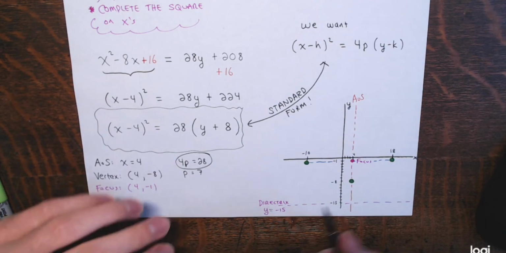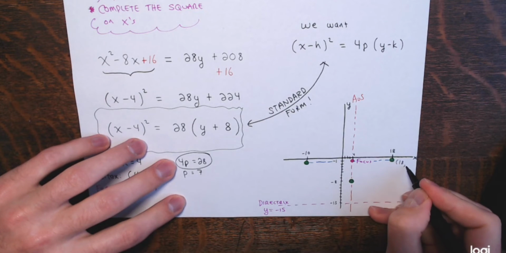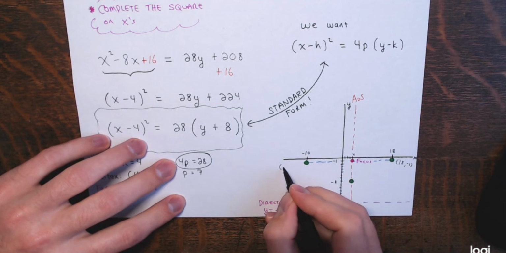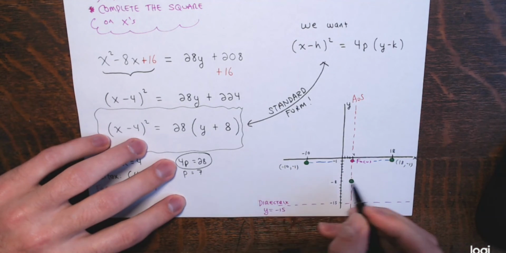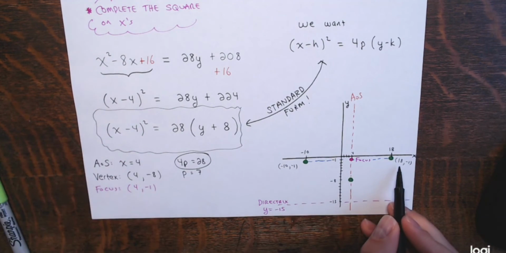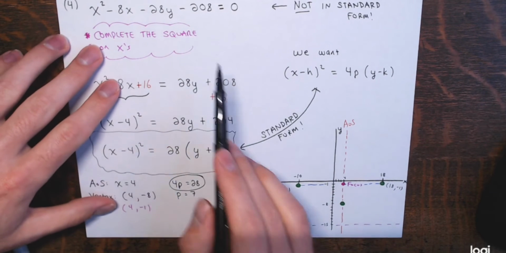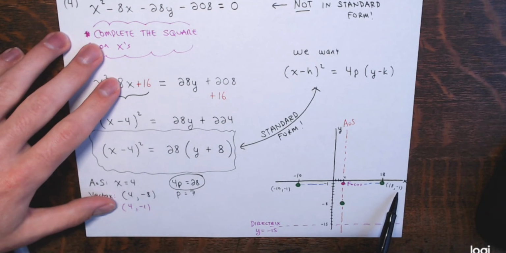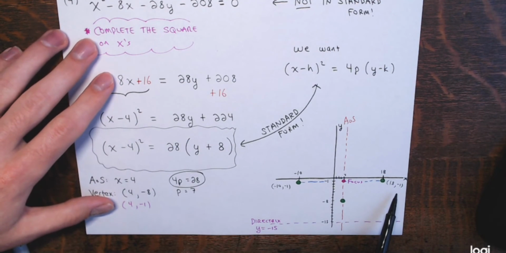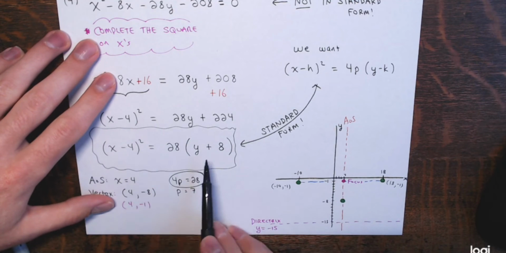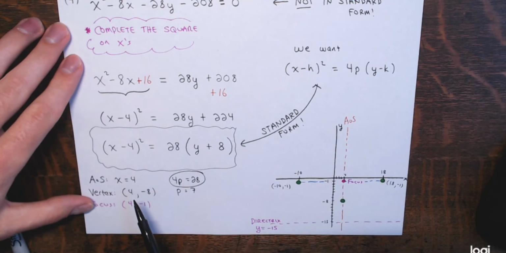Again, you can double check that these are actually solutions of the equation. 18, negative 1, negative 10. Plug in, and you can even go back to the original equation. You should be able to plug in 18 for x and negative 1 for y, and you would get 196 equals 196.